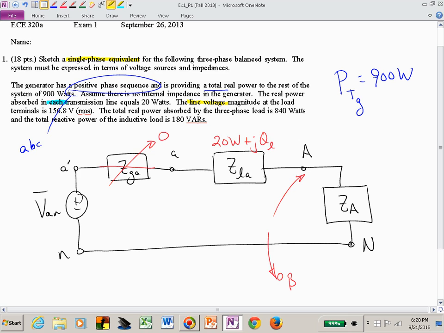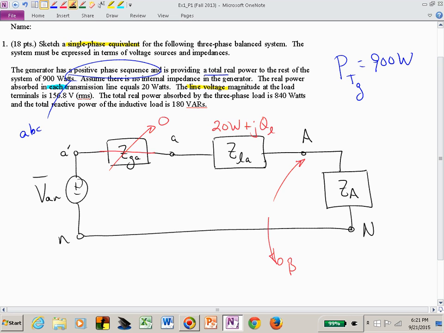Because they're balanced, they have exactly the same wattage absorbed or lost in all three phases. But now I'm giving you the line voltage magnitude at the load terminals, so that's V sub AB, and we're only giving a magnitude that is 156.8 volts RMS.